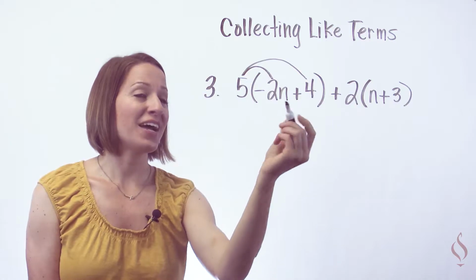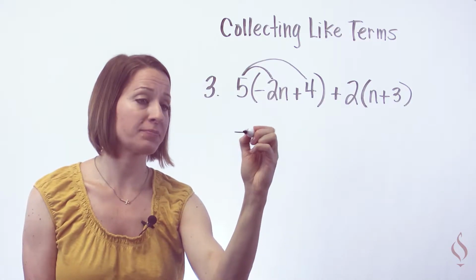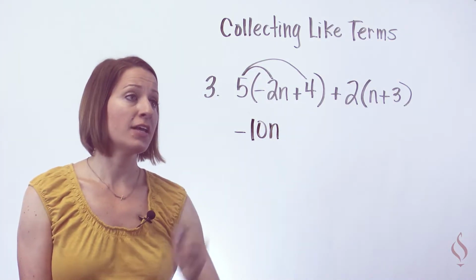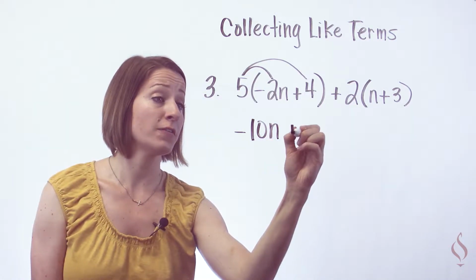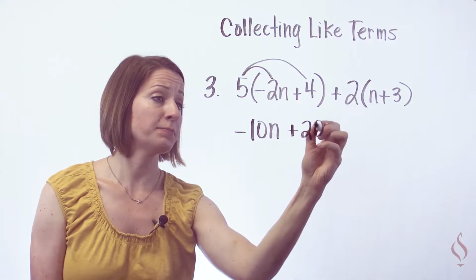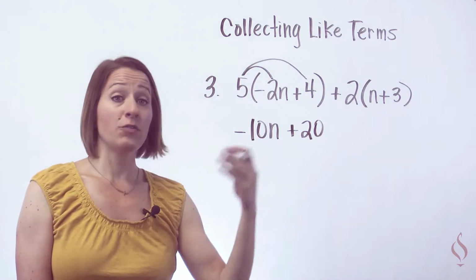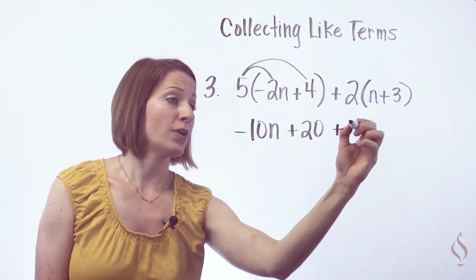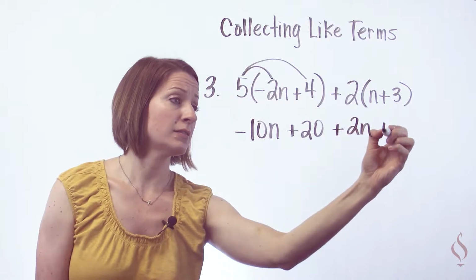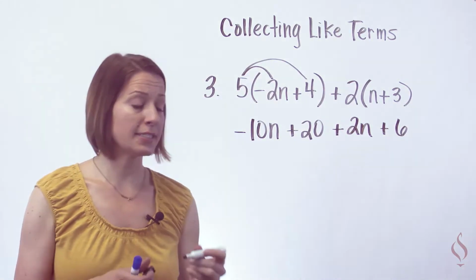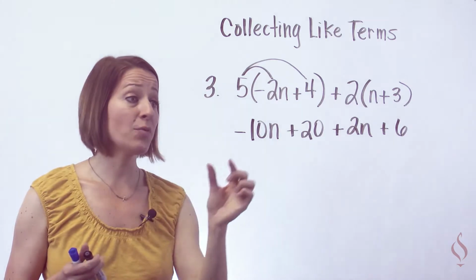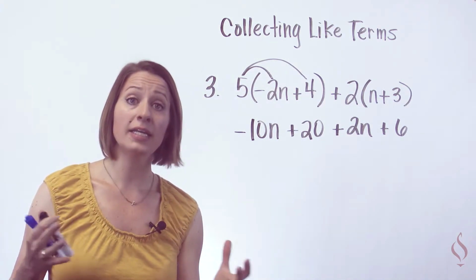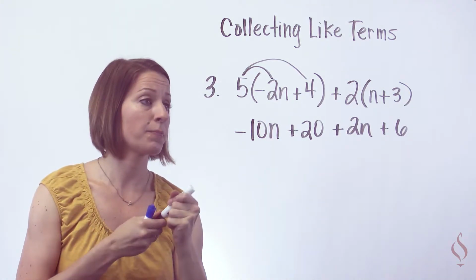So here we go. 5 times negative 2n is negative 10n. 5 times positive 4 is positive 20. And now if we go to our second set, we'll just continue on this line. We have plus 2n and plus 6. Okay, now it's very clear to see our individual terms, and now we're going to collect the like terms.